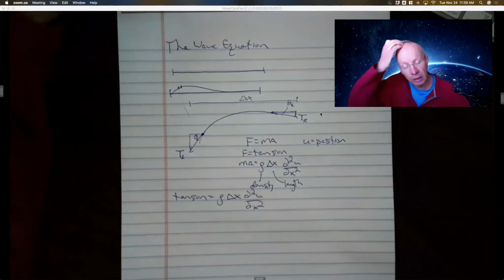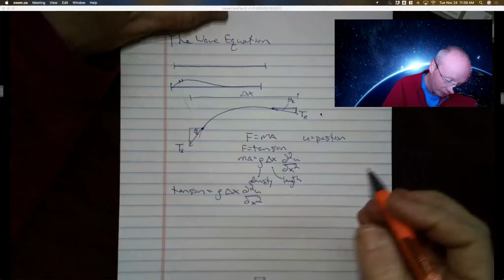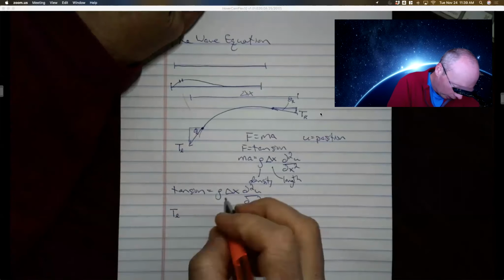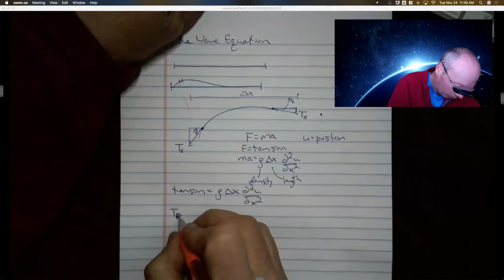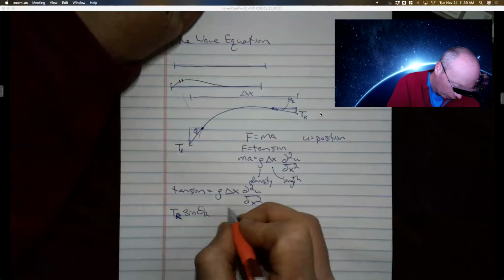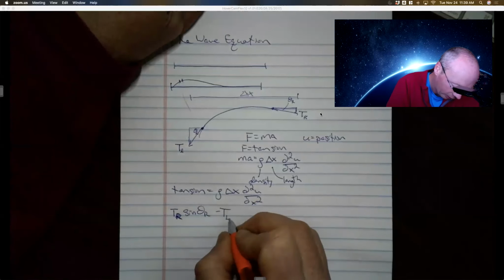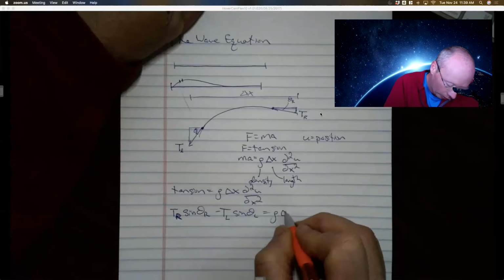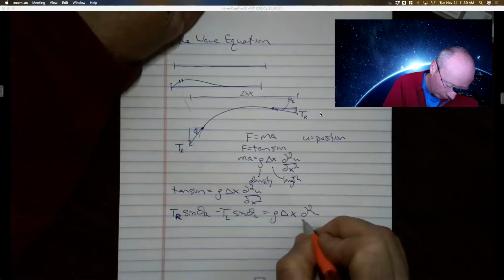Now I just need an expression for the tension. Let's do right minus left: tension on the right-hand side, sine theta R, minus tension on the left-hand side, sine theta L, is equal to rho delta x times acceleration.